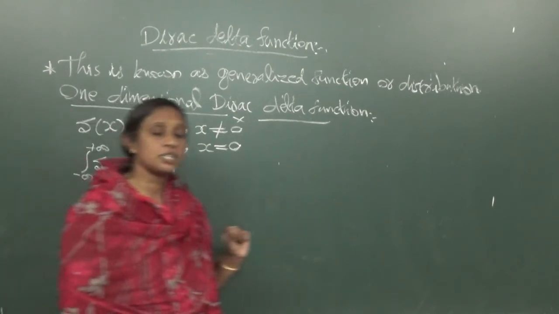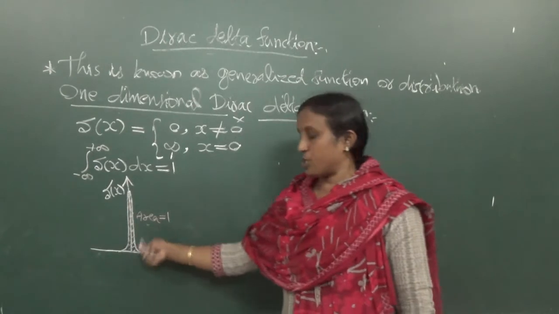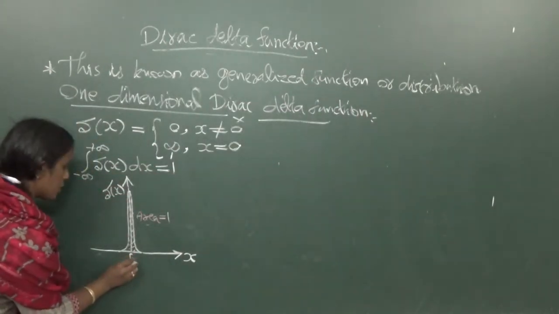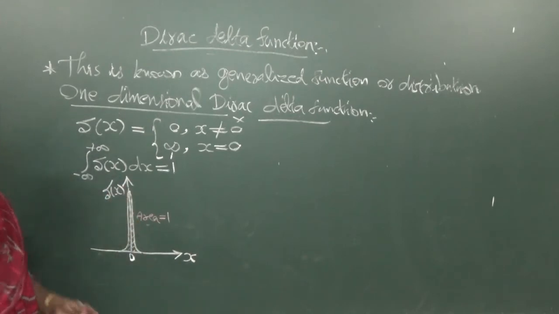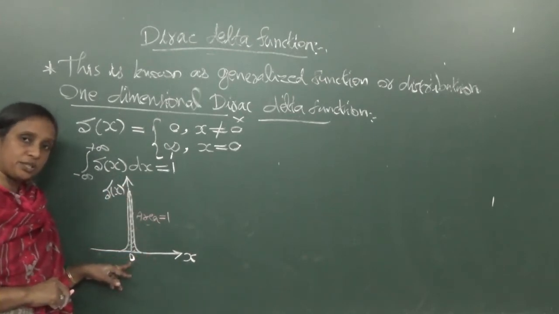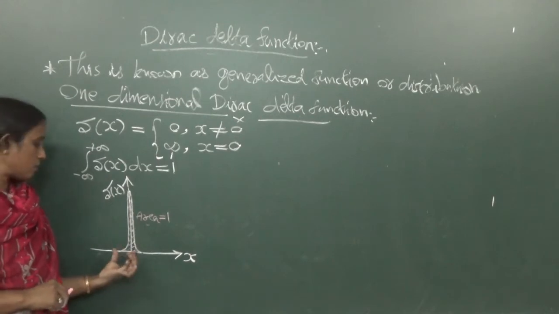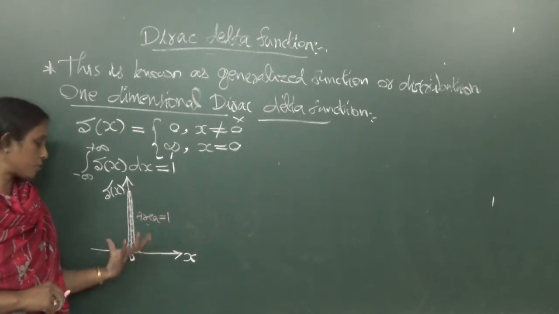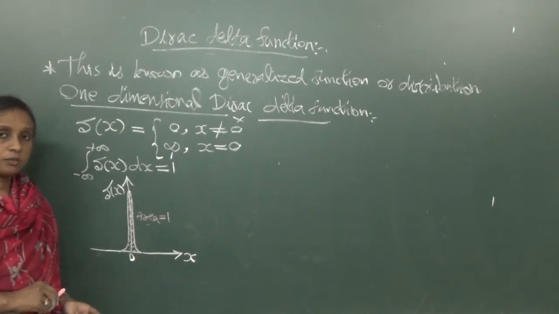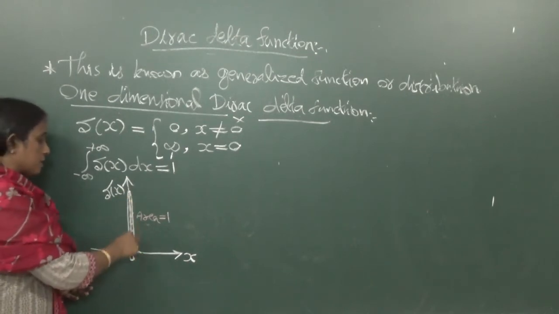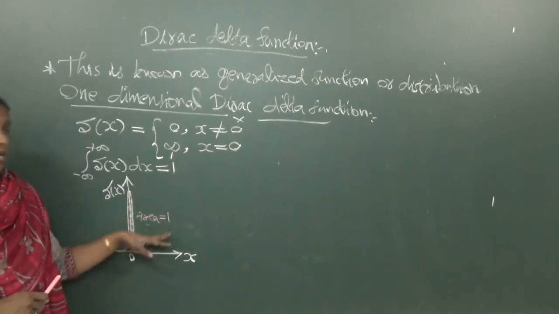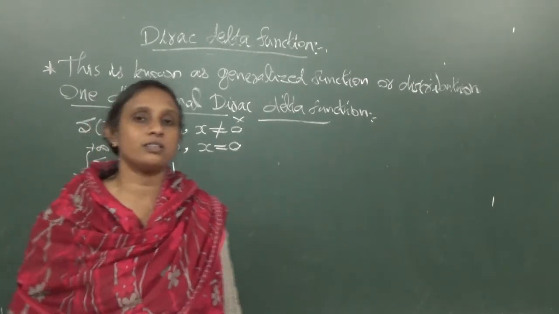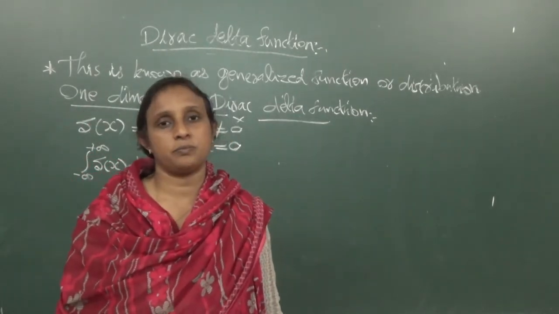This function has a very high value at the origin, this is 0, this is the origin. It has a high value at x equal to 0 and is nearly 0 as x increases. It goes to 0 very fast, and so the area under this curve is also unity. If all these properties hold for a function, it is called a Dirac delta function.